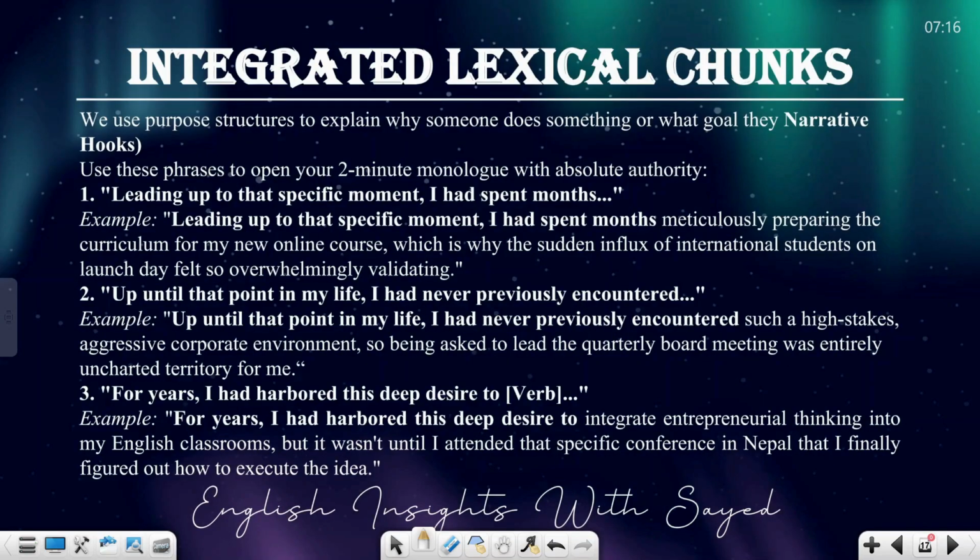We use purpose structures to explain why someone does something or what goal their narrative hooks. Use these phrases. Okay, so these are the phrases, and again, I have given you these phrases, the 1, 2, 3. Use these phrases to open your 2-minute monologue with absolute authority.